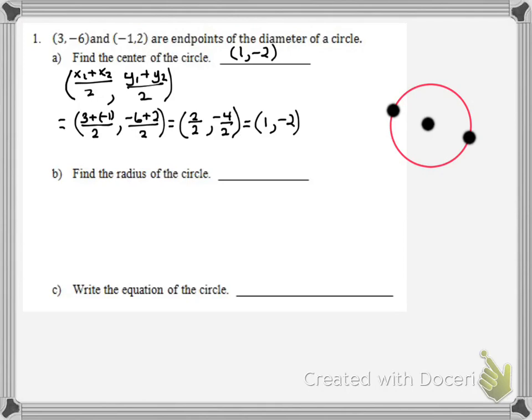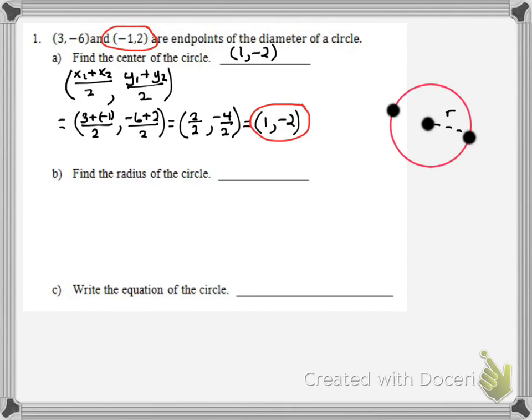Now, the next thing we want to find is the radius. The radius is going to be the distance between the center and one of these endpoints. So I'm going to go ahead and use this endpoint, and of course I'm going to use my center, and those are going to be the 2 points I use to get my radius.